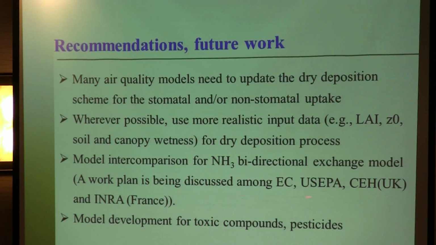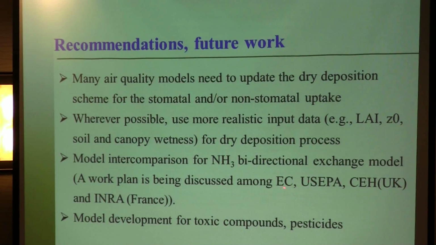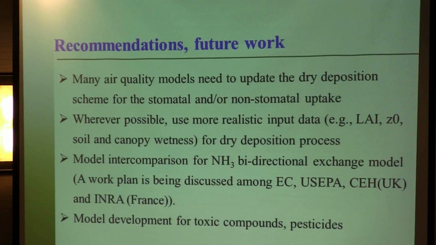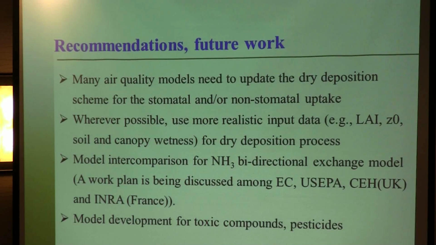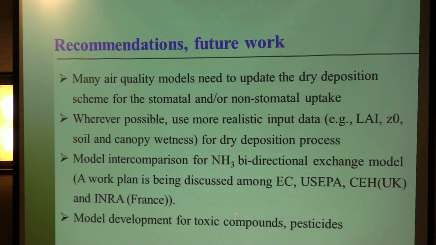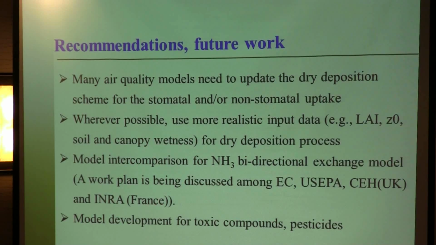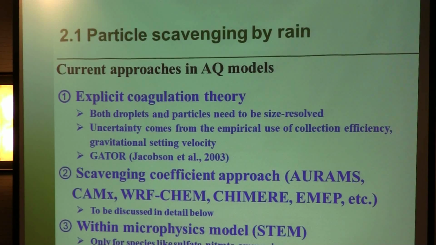And although there are a few ammonia and mercury bidirectional models available, no model intercomparison has been done yet. This should be done to look at the differences between the models. And for toxic compounds and pesticides, there are actually no general schemes available in the literature.